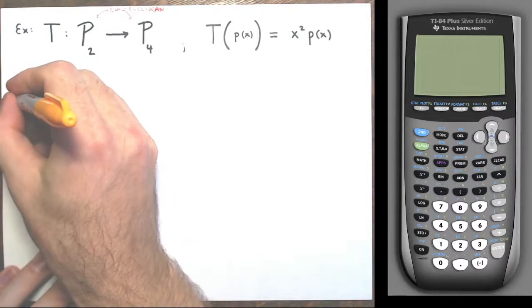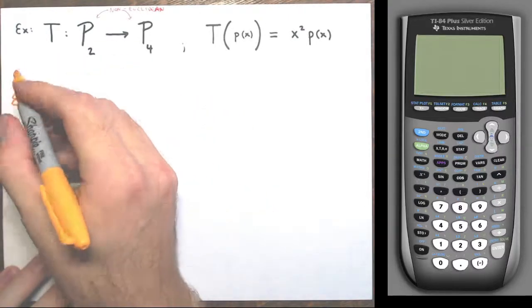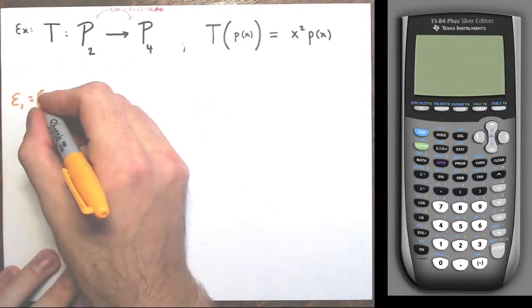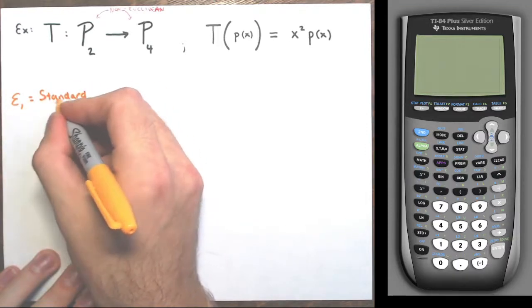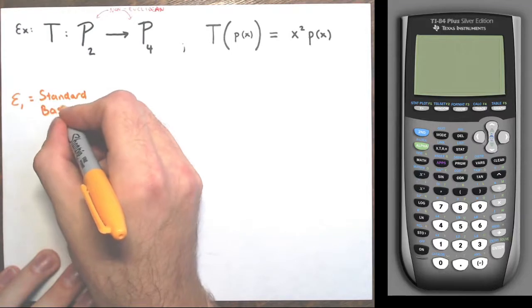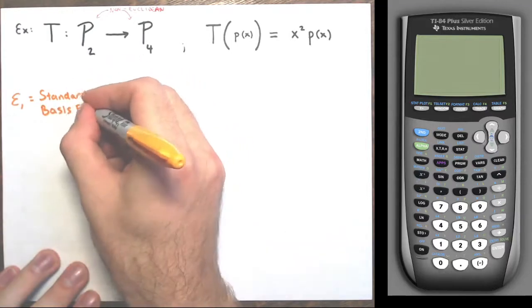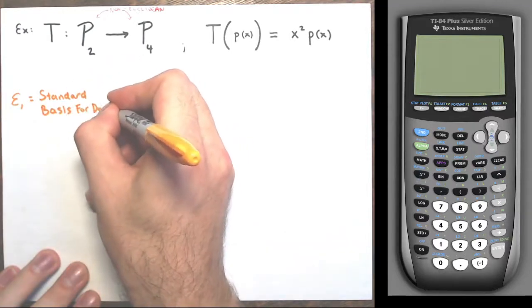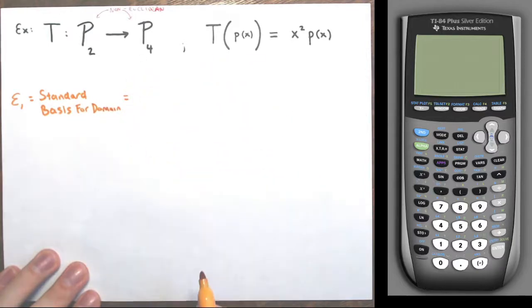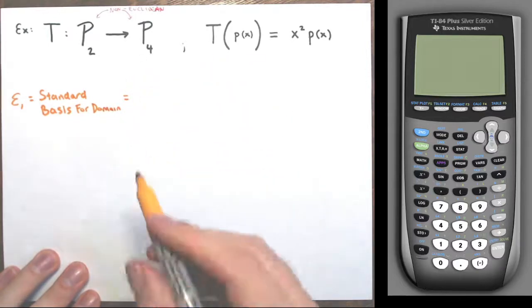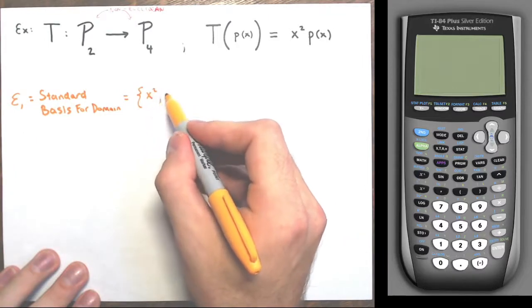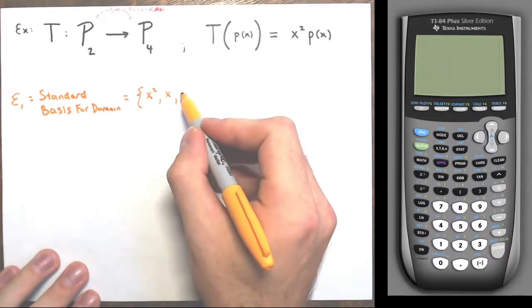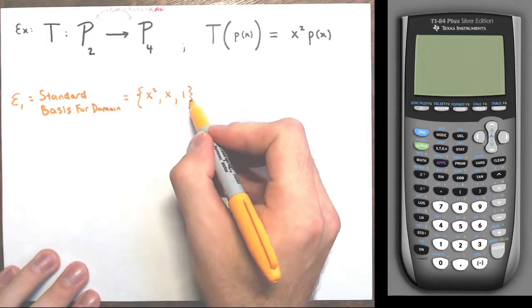So I'm going to call E1, a little fancy E1, the standard basis for the domain, for P2. Remember, every polynomial of degree 2 or less is some multiple of x squared plus some multiple of x plus some multiple of 1, right?